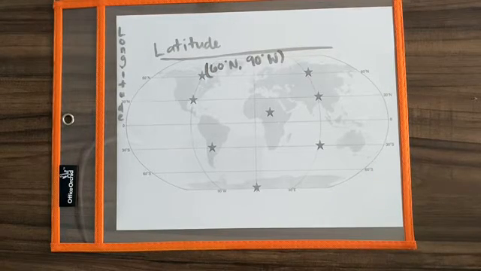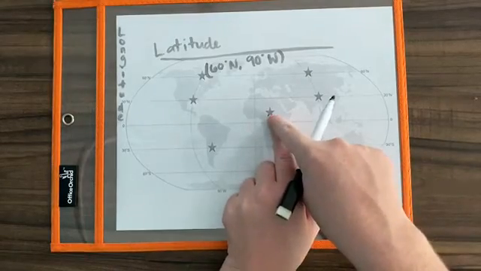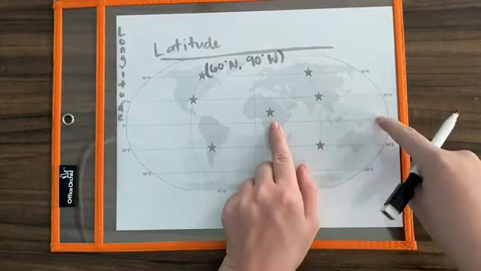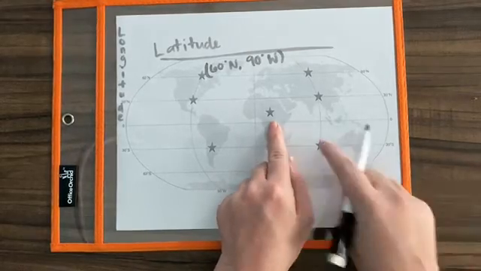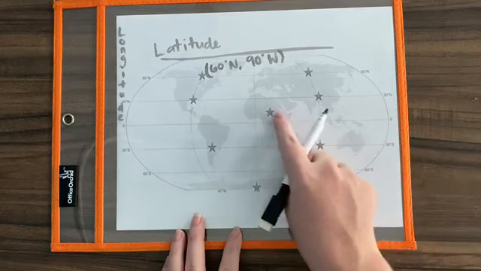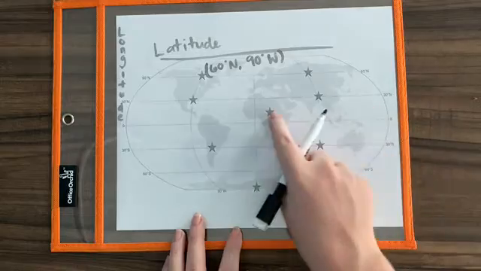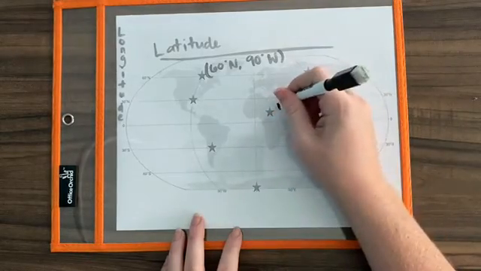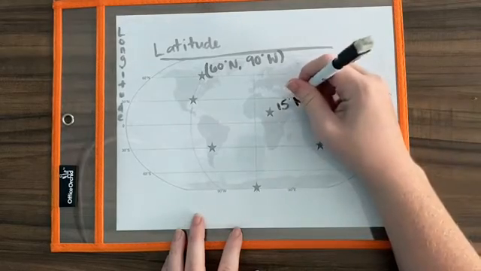So let's do one that's a little bit harder. Let's look at this star right here. It's not on a line. So we have to kind of guess. So we look and it's close to 0, but it's underneath 30. So I'm going to say that this one is maybe 15 degrees north.